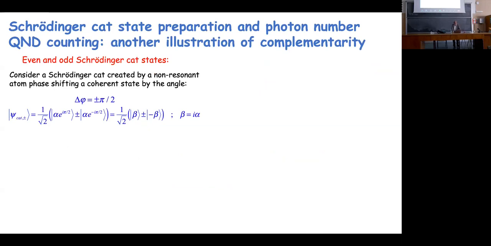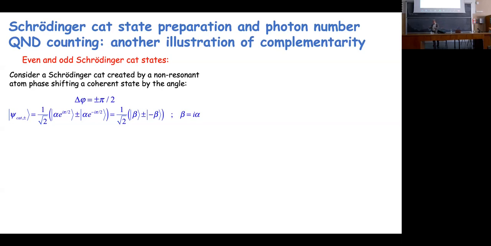You can explain that in different ways. Let's consider the cat when you have delta phi equal to plus or minus pi over 2. This is a case where the two fields have opposite phases. What I have shown to you before is that you do not need to have opposite phases.